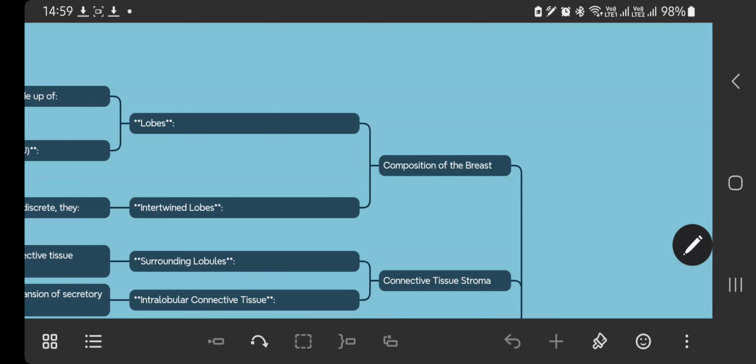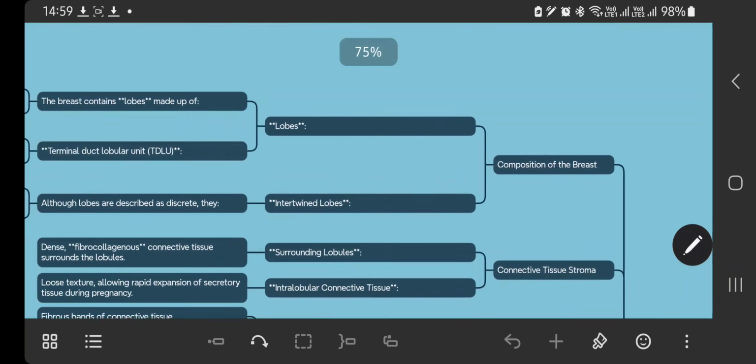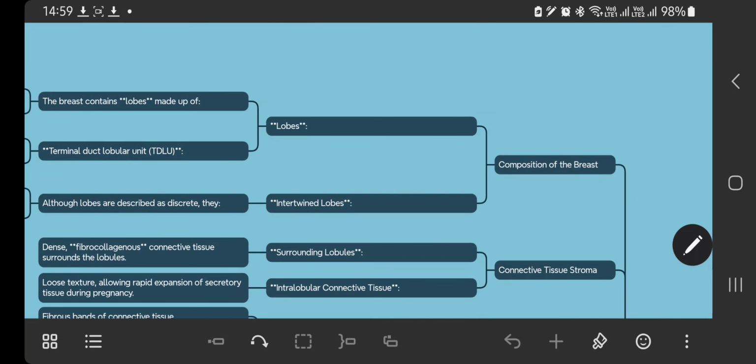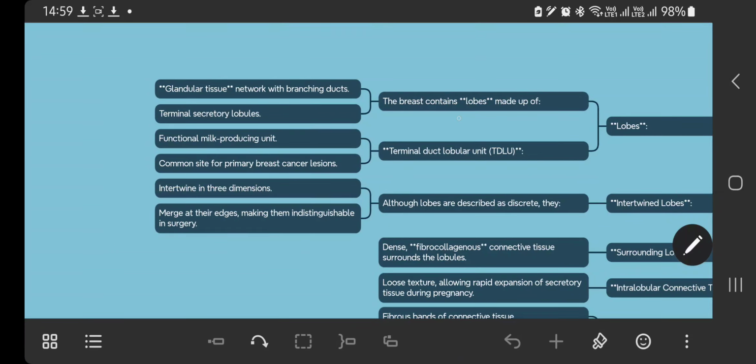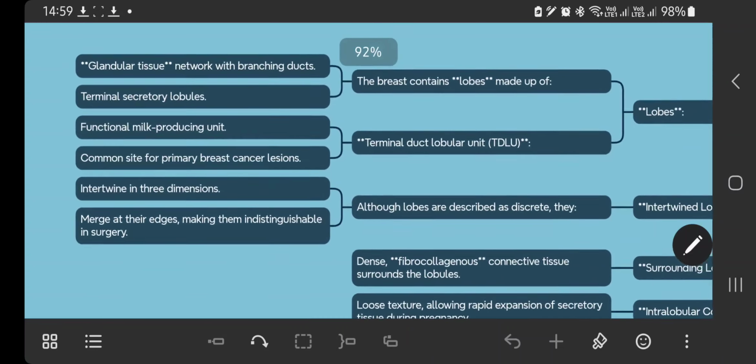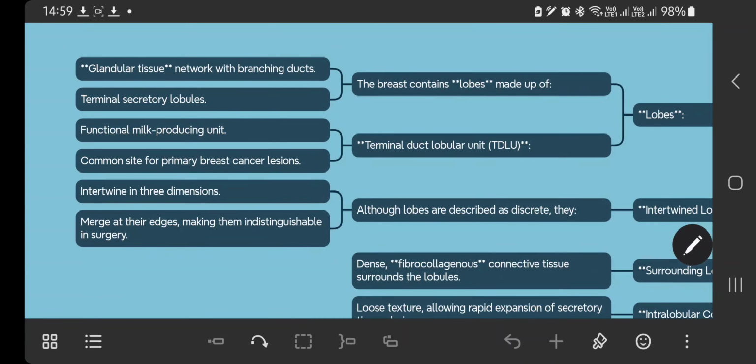Again, regarding the composition of the breast, it has lobes made up of glandular tissue, which has a network with branching ducts and terminal secretory lobules. Next, there is the terminal duct lobular unit, TDLU.